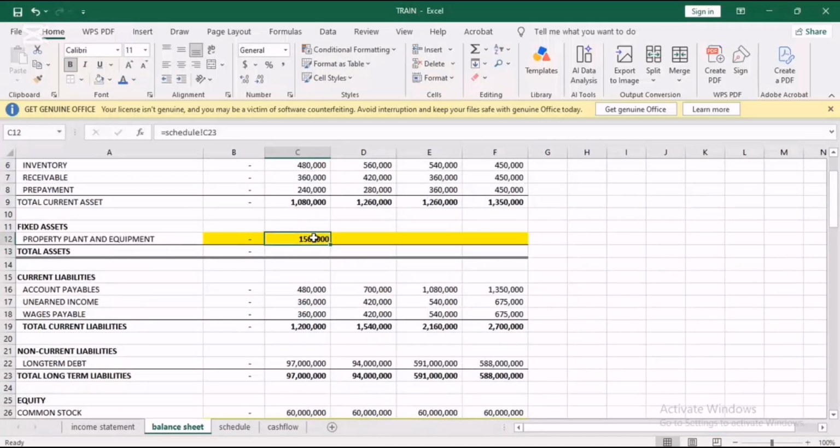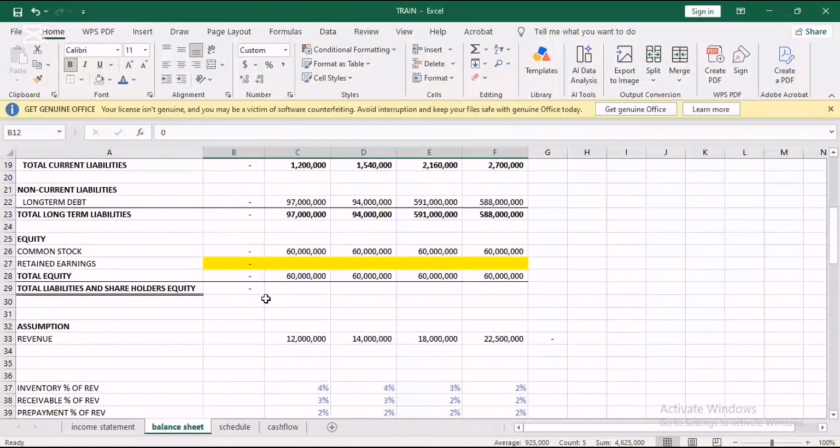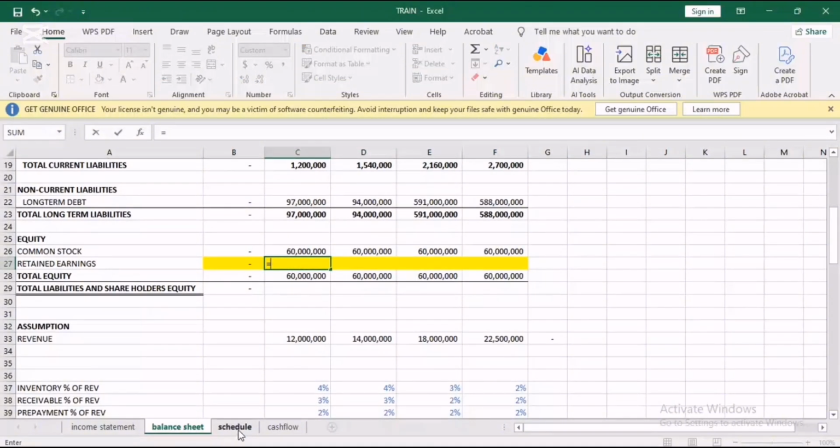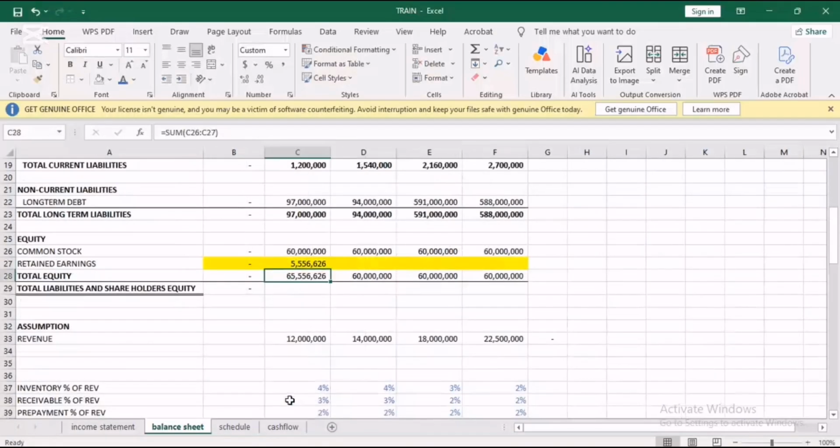So that's that. Good. So now let's take out this. So we're done for that. So what next on it? So we have our retained earning for the various period. We hit our equal to. Then what's next at the schedule? We take up our retained earning right up here. Hit enter.